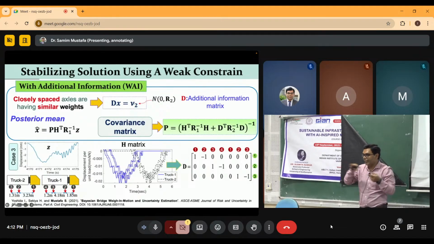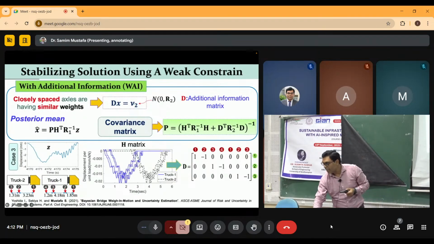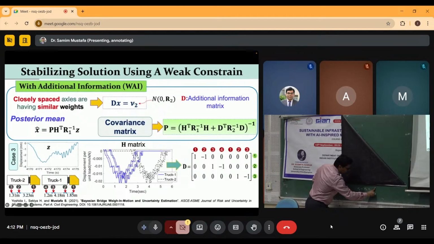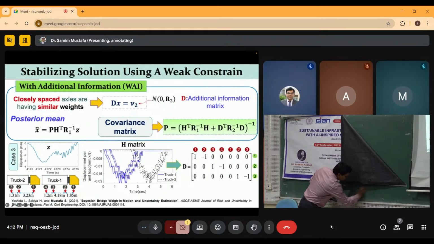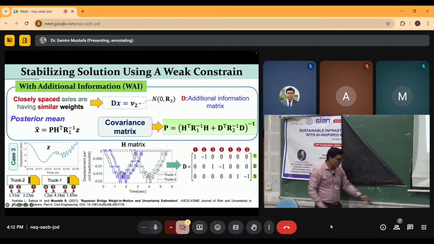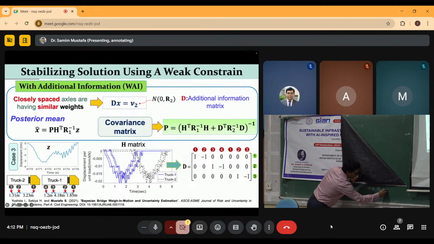So we can use 3 additional pieces of information here in the form of D: the first and second axle are closely spaced. Closely spaced means the weights are the same. Suppose this is the first axle weight, this is the second axle weight, they are the same. We are not saying exactly the same, we are saying this equals some value up to some error.